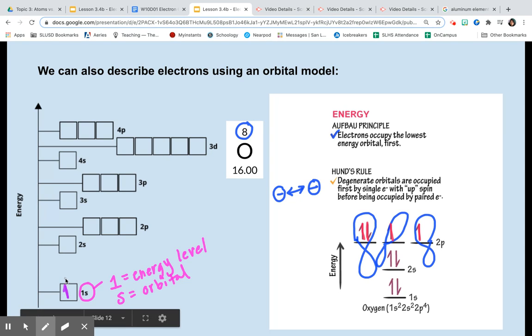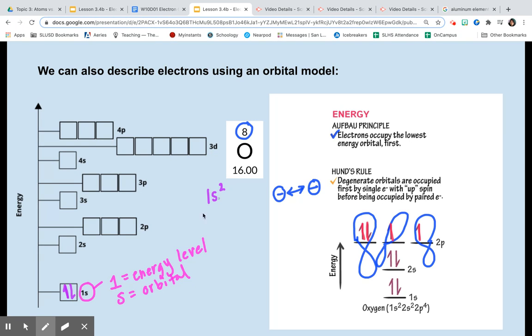Because electrons also move in the opposite direction from each other, trying to avoid each other as much as possible. So to show that, we draw them as opposing arrows like this. Before I can move on to the second energy level, I have to fill this up. Unfortunately, there's only one room, so our second electron will have to go here. Right, so this is the same thing as writing the electron configuration 1s2, right?